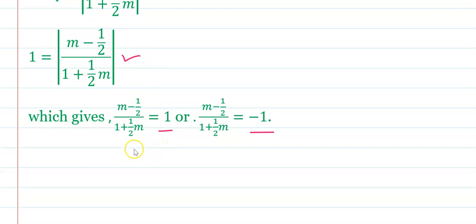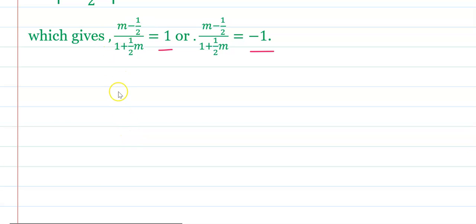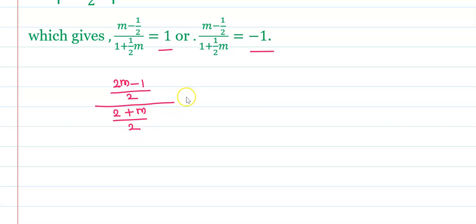Now evaluate this. The first is 2m minus 1 upon 2. Again this whole divided by 2 plus m upon 2, and that's equal to 1.